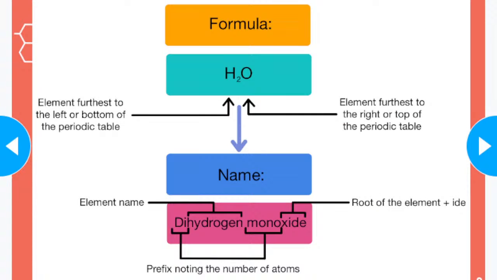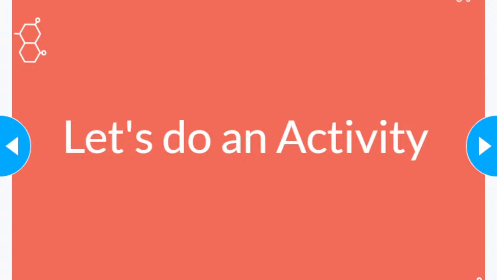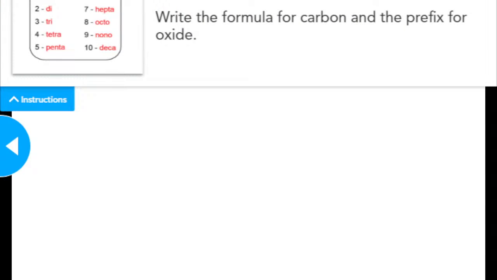Now another example, H2O, or as in hydrogen monoxide. Hydrogen has two atoms, and the prefix must have 2 also. Okay, writing the formula for carbon and the prefix for oxide.